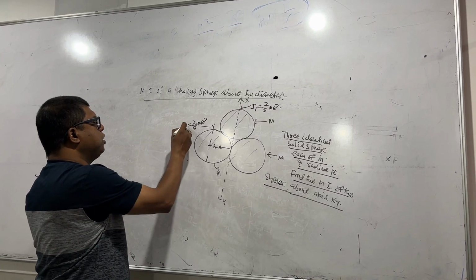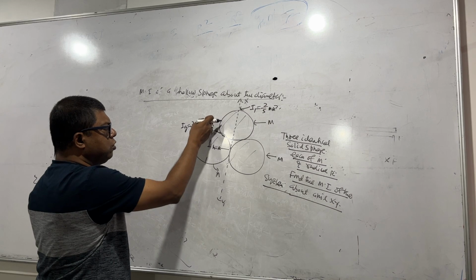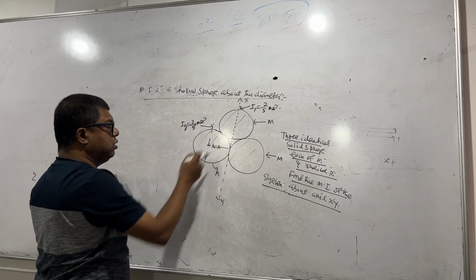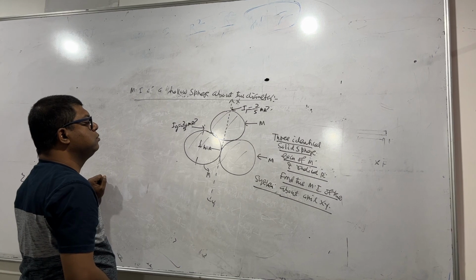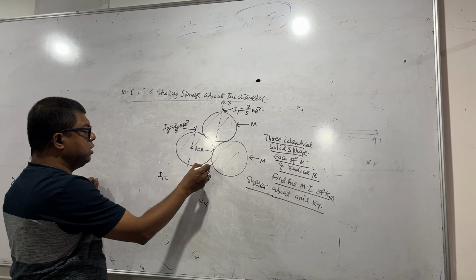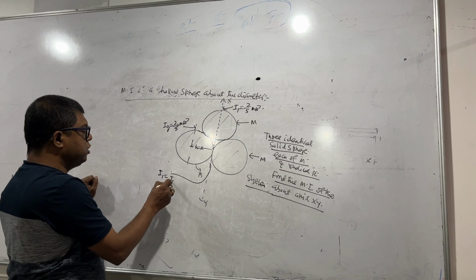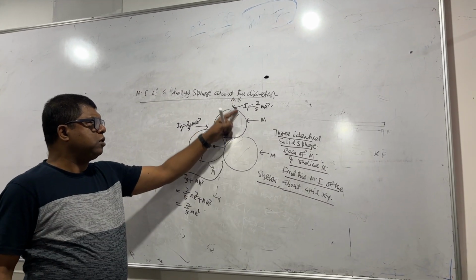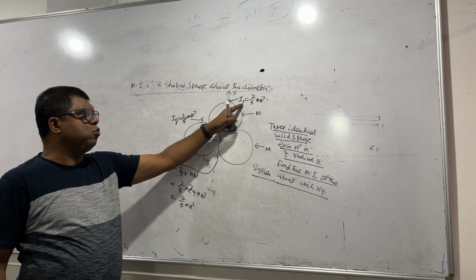So this is Ig, and applying the parallel axis theorem, you can calculate for this sphere the moment of inertia about the tangent. So I1, about this tangent, is equal to Ig plus Mh square. I1 is the moment of inertia of the solid sphere about this axis, equal to 2 by 5 MR square.